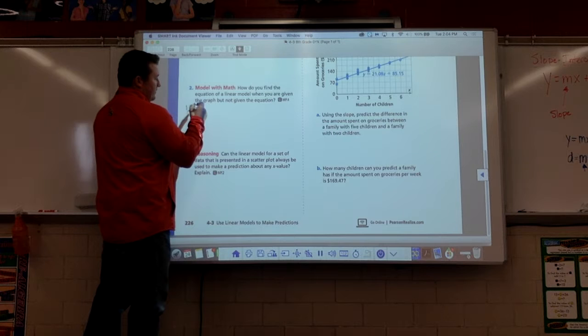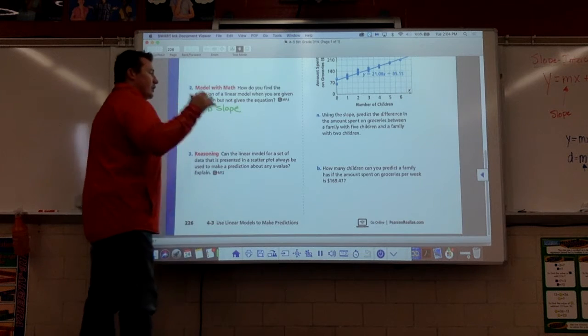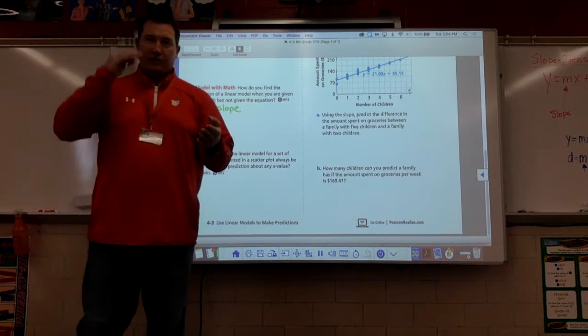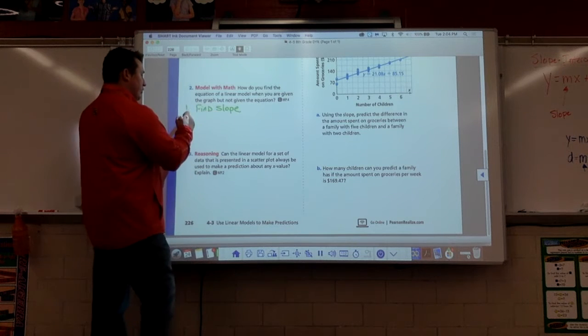So step 1 is, we'll just simplify it to say find slope. So you guys know you got to find 2 ordered pairs, y minus y over x minus x, okay? So we find the slope.